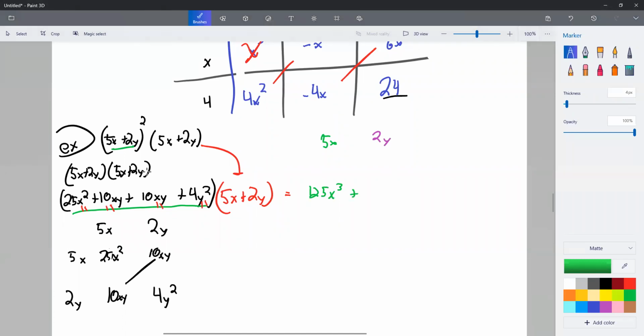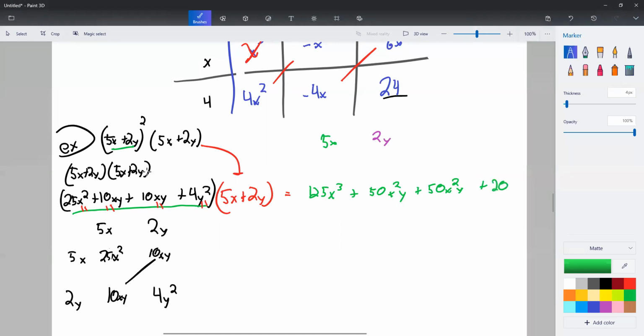But going on, 5 times 10, we're going to get 50. Now, the x exponents are going to add. We're going to get x squared. I'm going to leave the y alone because I did not multiply it by another y. Do it again. So we get another 50x squared y plus, and now that's going to be 20xy squared.